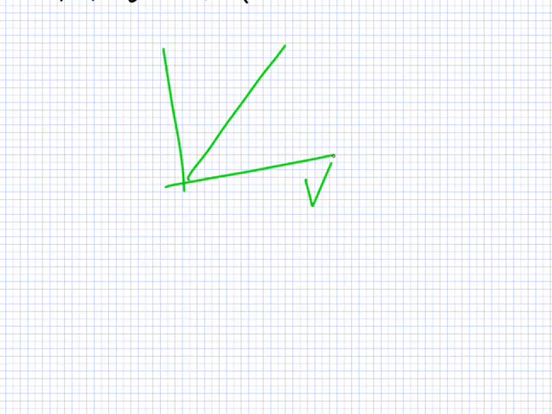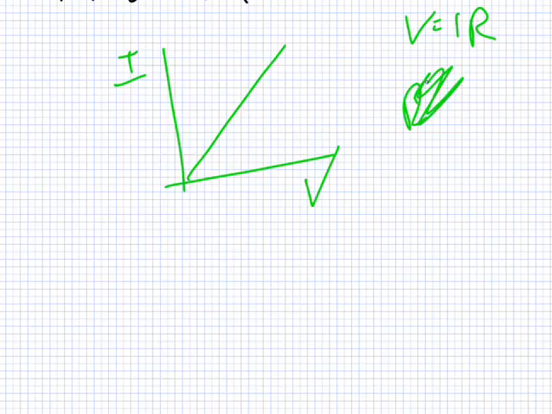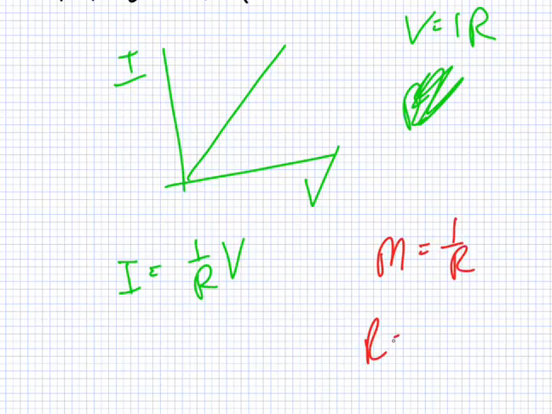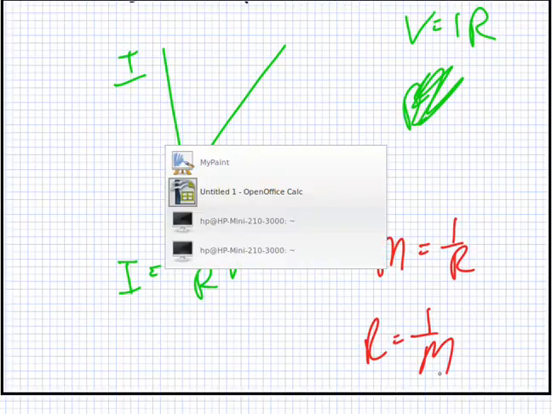Because if you remember, when you did this in Ohm's law, here is V, here is I, V equals I R, so I equals 1 over R times V. So then the slope equals 1 over R, so the R is 1 over the slope. But this is exactly what you did in your Ohm's law lab number 3.